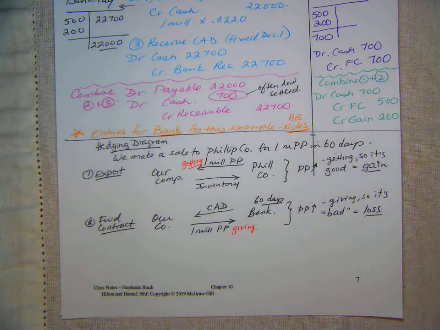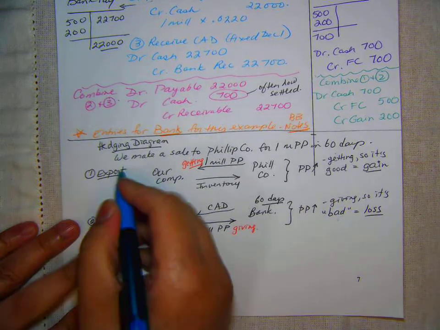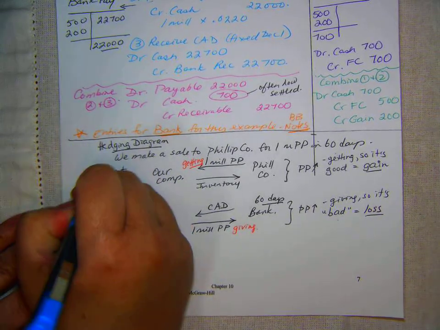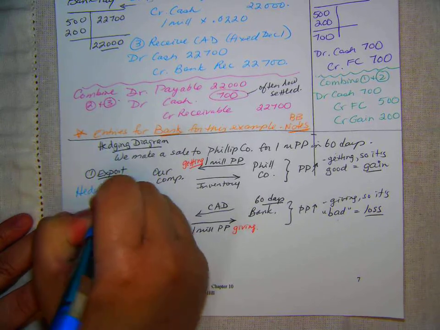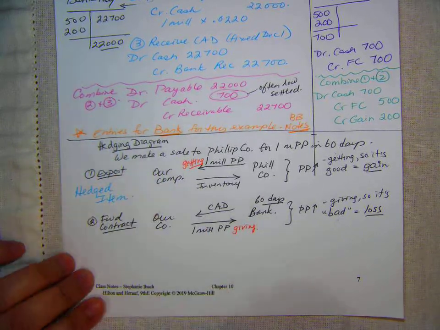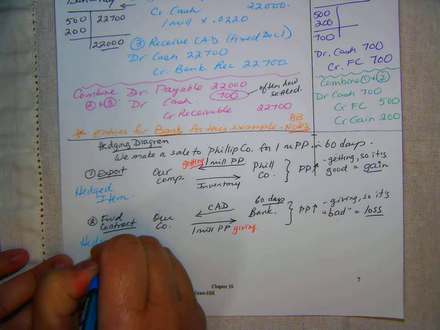So it wouldn't necessarily come out exactly even, but we're not concerned about it. It's the idea. So the X becomes the hedged item, and the forward contract becomes the hedging instrument. So that's how you do a hedge.